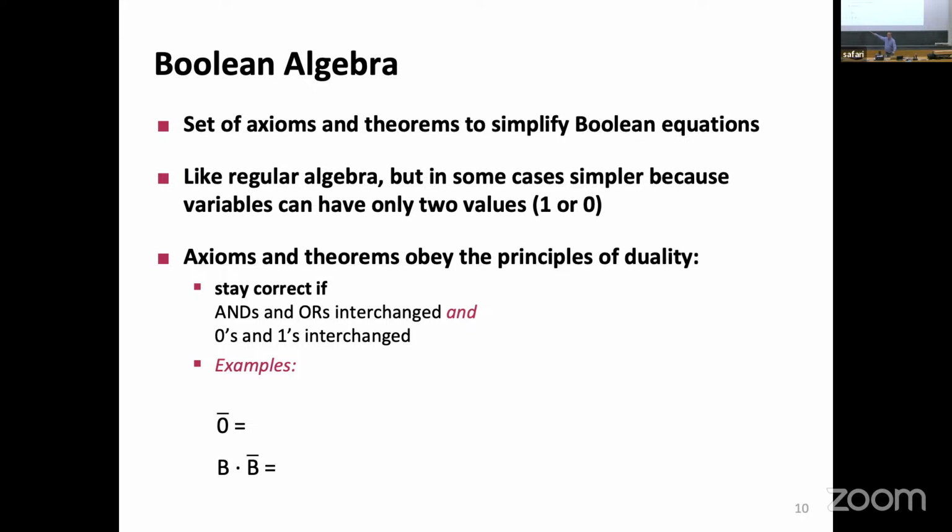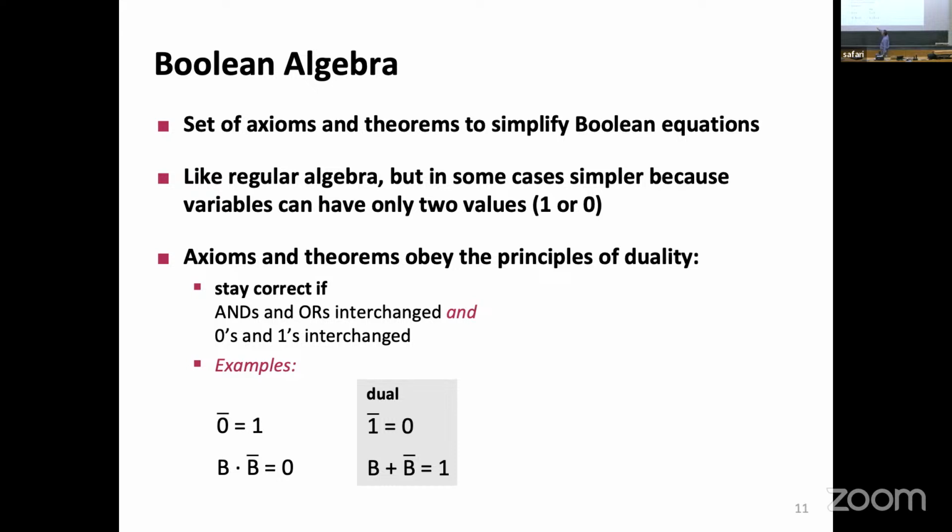So do we interchange the input values? Let's do an example, right? So there is this 0 negated, which is 1, and B negated is 0, right? So this is something that comes out of it. Now the dual of it is I'll exchange 1s with 0s. So 1 negated will be 0. Or, in this case, this notation would correspond to AND.